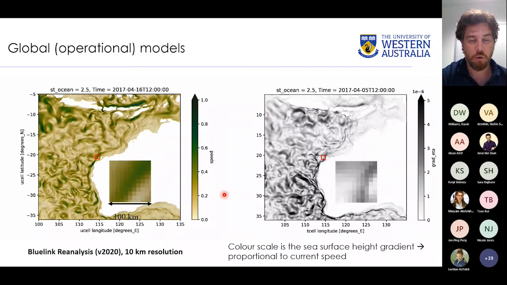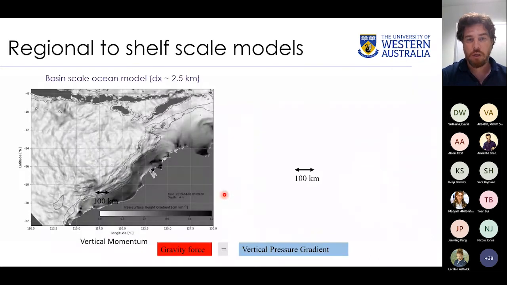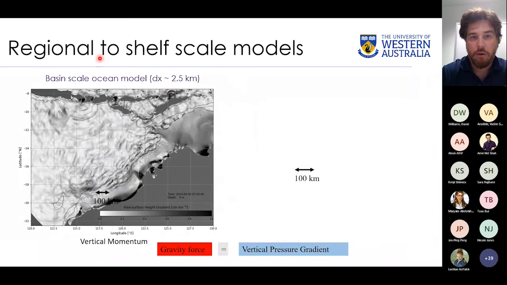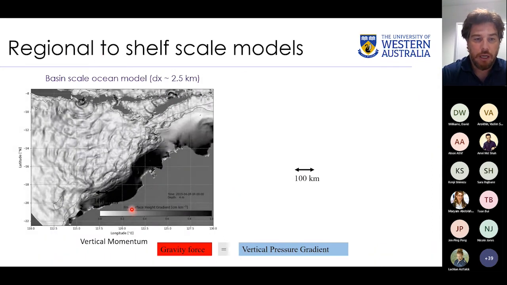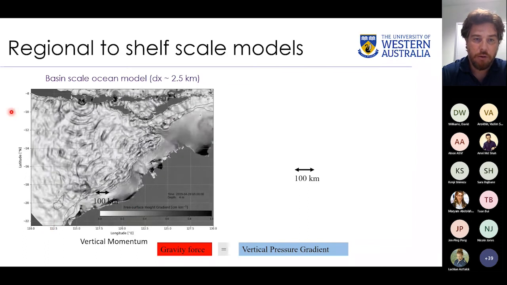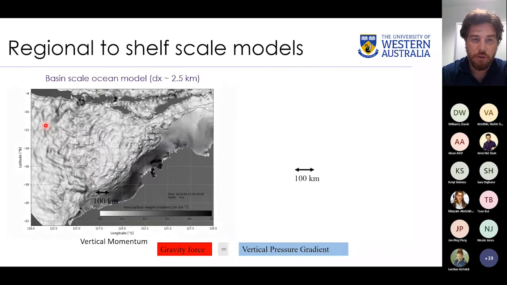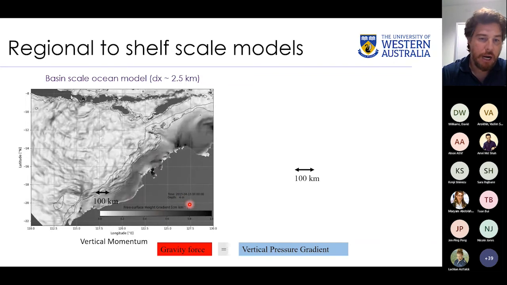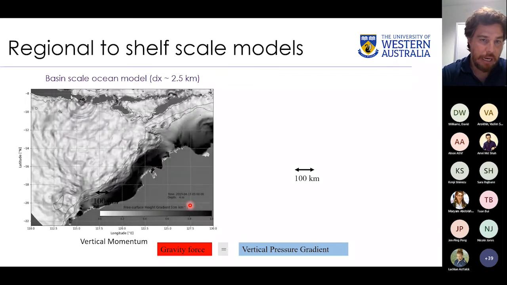That's the global scale models. And then moving into regional scale models. So now I'm showing a regional model over the Northwest Shelf and the Indo-Australian Basin, showing this free surface height gradient scalar again.